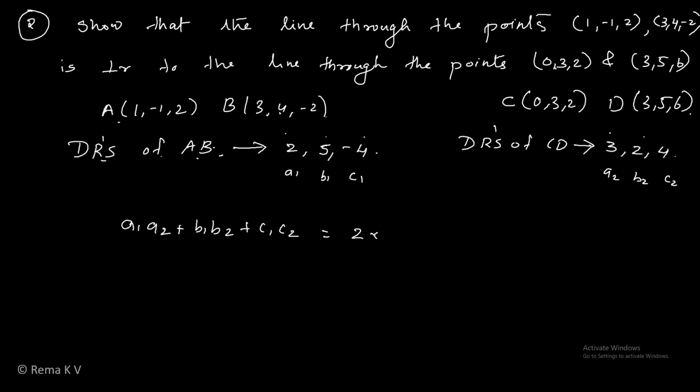So it is 2 into 3 plus 5 into 2, then plus minus 4 into 4. It is equal to 6 plus 10 minus 16, which is equal to 0. That is A1A2 plus B1B2 plus C1C2 is equal to 0. So the line AB is perpendicular to CD.